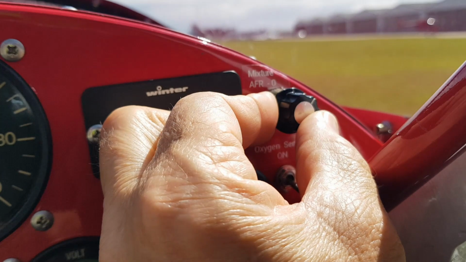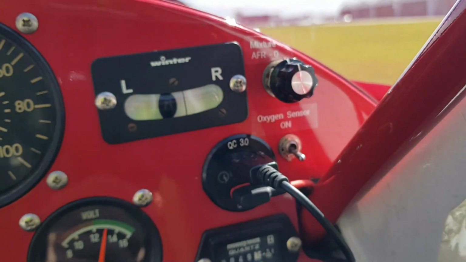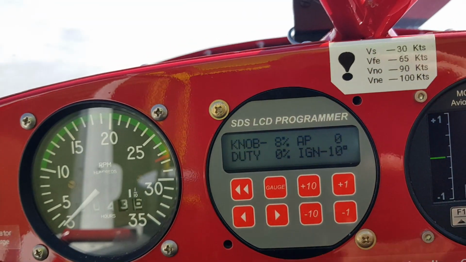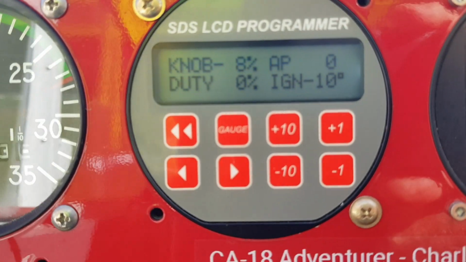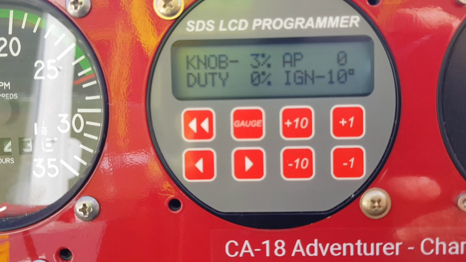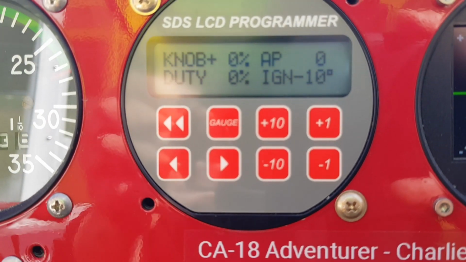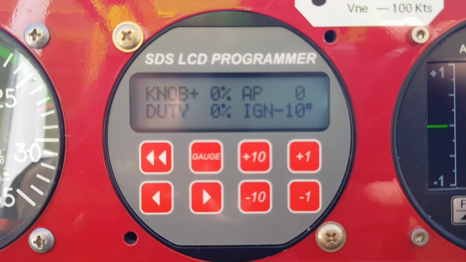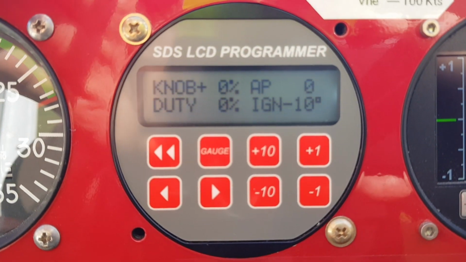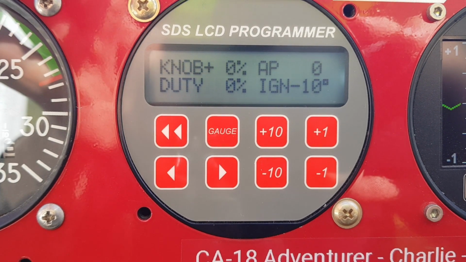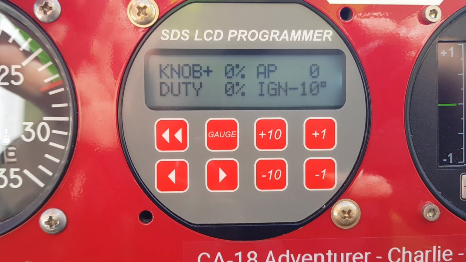If I put it back on 0, it shows back about here, just 3%, pretty close. You could turn this to set it into the 0 state. And down the bottom on the right hand side is ignition timing.